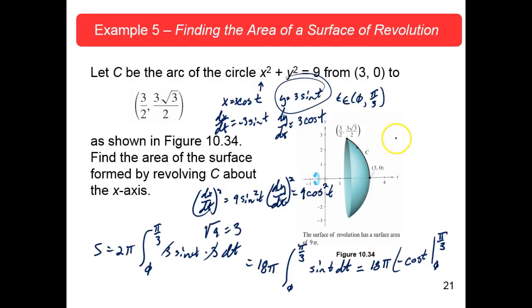So that's 18 pi. Okay. Now, what is the cosine of pi thirds? Isn't cosine your x value? Okay.